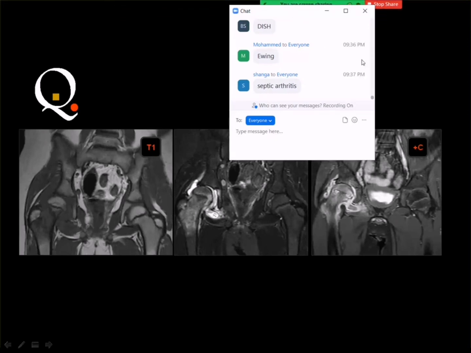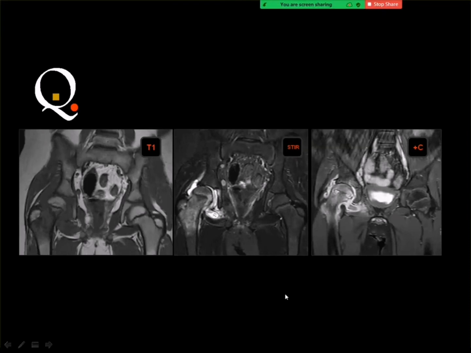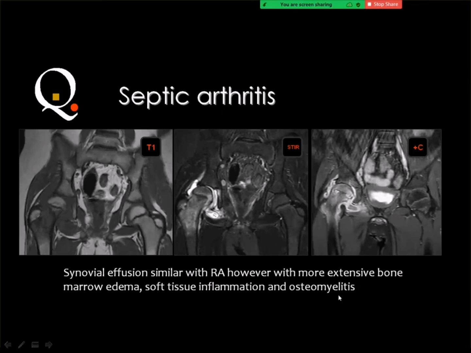Very good. The answer is good, and this is septic arthritis, or if you just say that this is synovitis, it's okay. But whenever you look carefully, you can see there is also inflammation of the bone with bone marrow edema and then synovial thickening and enhancement, and this is septic arthritis of the hip joint.